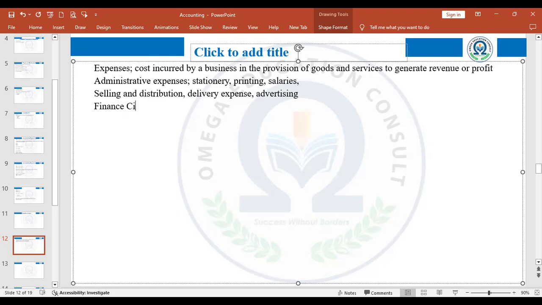Finance cost. Now, these are little expenses we incur, not because we are selling or distributing goods, or we have to manage or administer the business. Okay, but these are petty costs incurred.